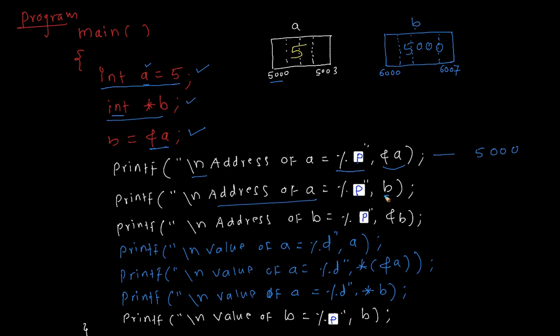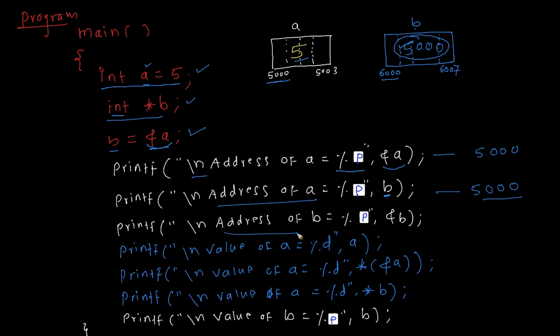This will print the value of B, and the value of B is nothing but the address of A. To B we have assigned the address of A. That means the value of B is the address of A. We are not getting the address of B, we are getting only B. Only B is nothing but this 5000, which is the address of A. So again, this will print 5000.